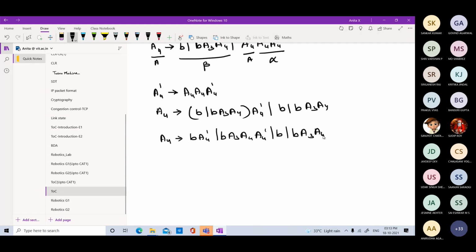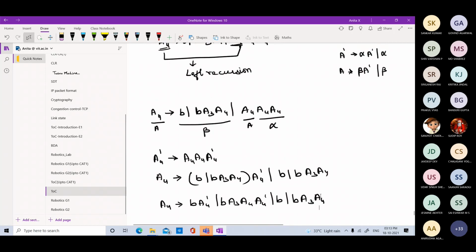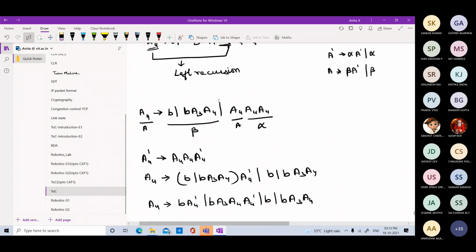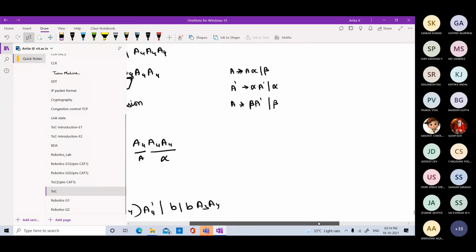Are we clear with this? Are we clear with the elimination of left recursion? Yes, ma'am. Yes, that's clear for you.